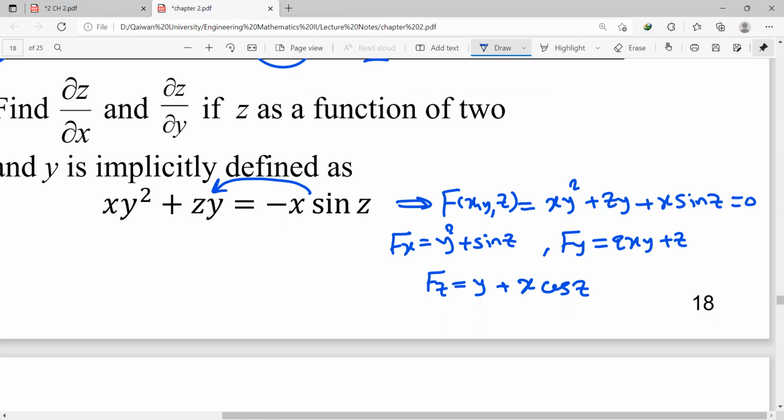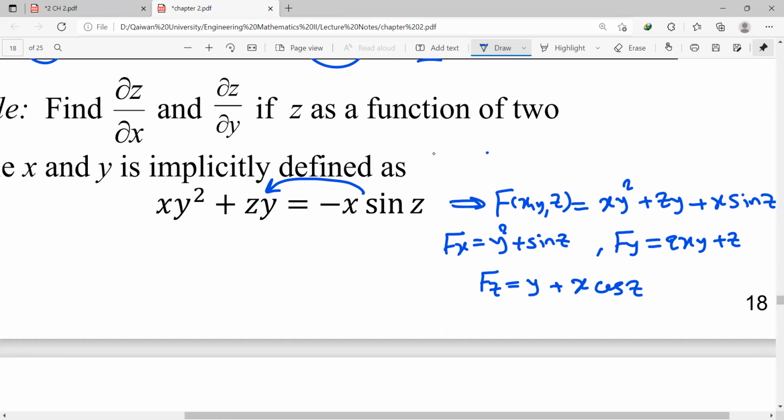So how about partial z by partial x? We say partial z by partial x equals minus capital F sub x divided by capital F sub z.